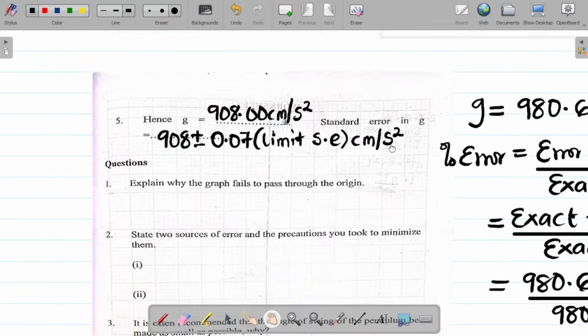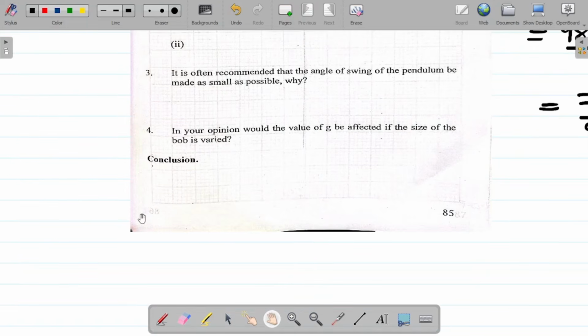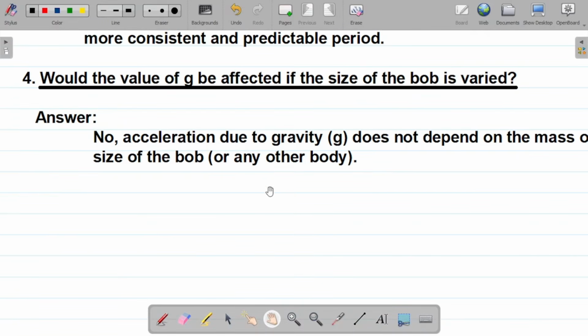All right, go back to this. The last thing there is the conclusion. So what can we say in conclusion? Usually when it comes to doing a conclusion, here are some things you should note.